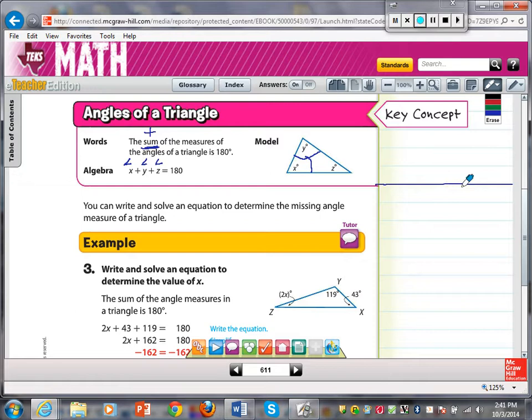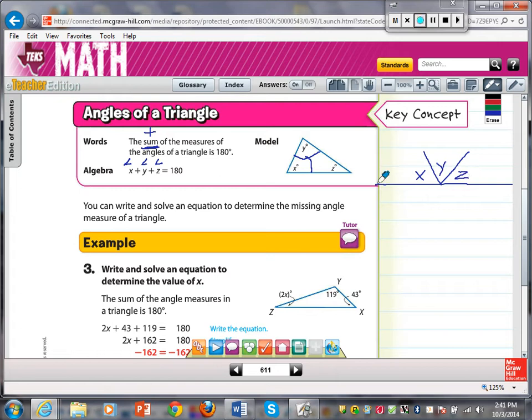Now just pretend that I took this piece off, and I'm going to turn it around right here. So this will be your angle Y. Then let's say we take this one apart and we put it over here. This will be your angle X. And if we took this one and we turned it around, this will be your angle Z.